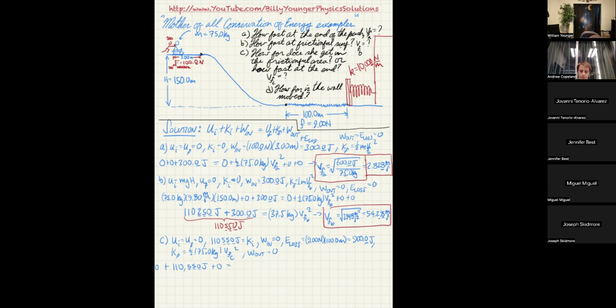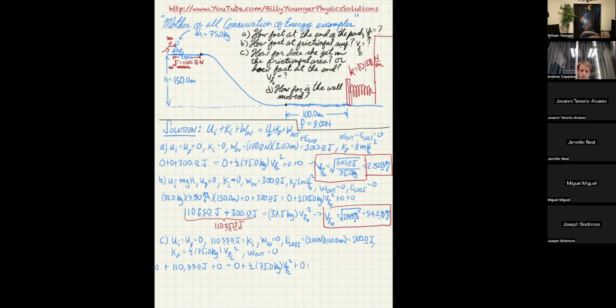All that is equal to final potential energy, which is 0, and then the final kinetic energy, which is 1/2 times 75.0 kilograms times V final C squared. The work out is equal to 0, as we already showed.